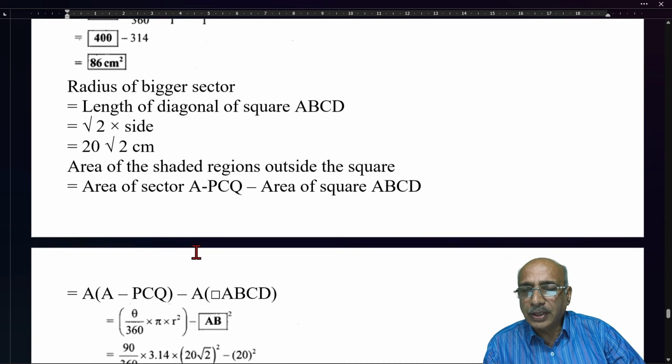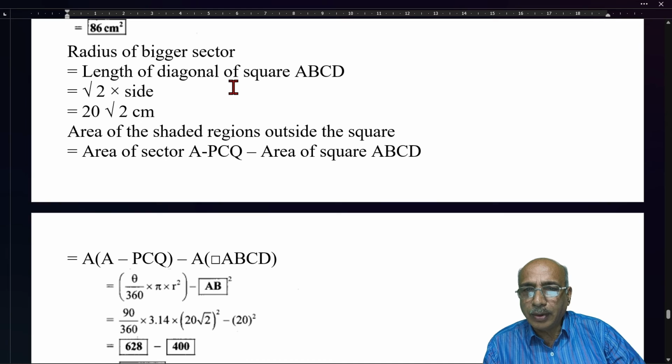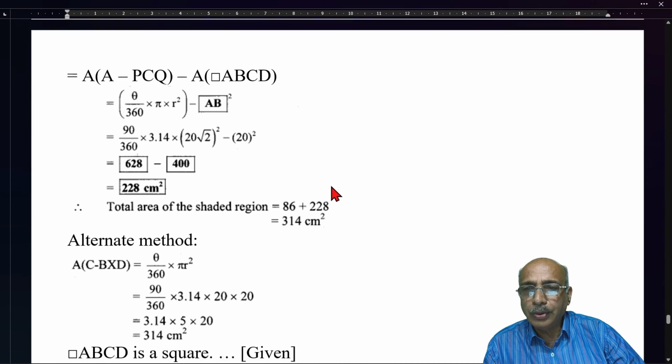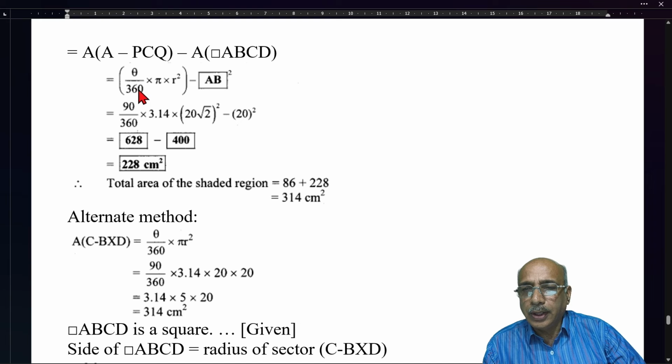Radius of the bigger sector, length of the diagonal of square ABCD, root 2 into side equals 20 root 2 centimeter. Area of the shaded region outside the square equals area of sector A'PCQ minus area of square ABCD equals theta upon 360 into pi r square minus AB square, that is side.